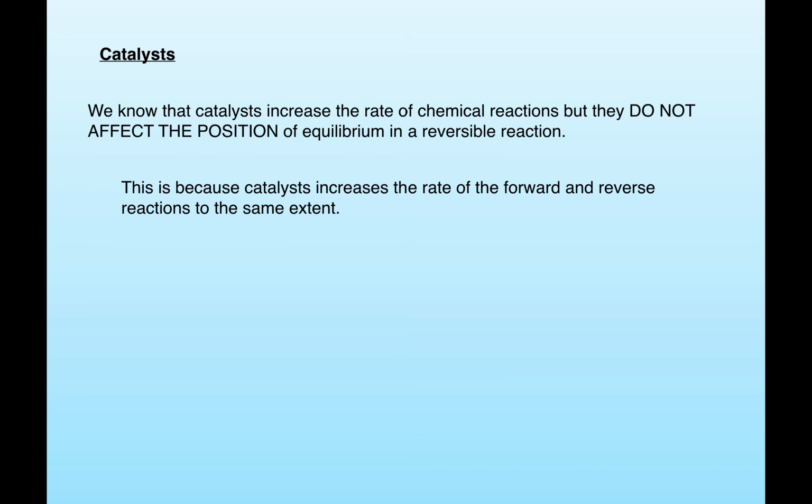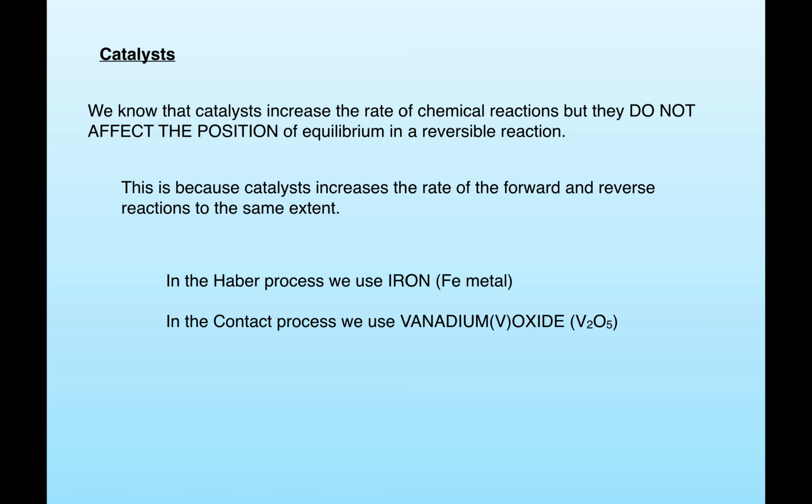A catalyst increases the rate of the forward and reverse reactions, so it increases the rate at which equilibrium is reached, but it doesn't affect the position of equilibrium. A couple of things for you to remember. In the Haber process, we use iron as a catalyst, and in the contact process, we use vanadium(V) oxide as a catalyst, both in the solid state.